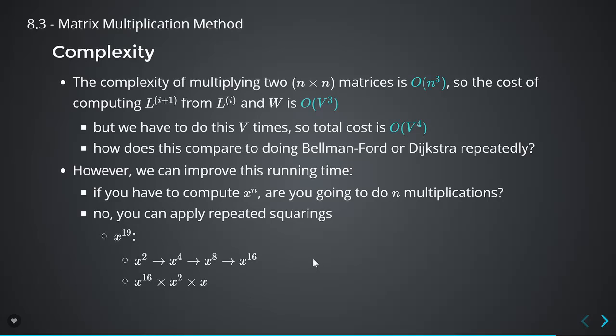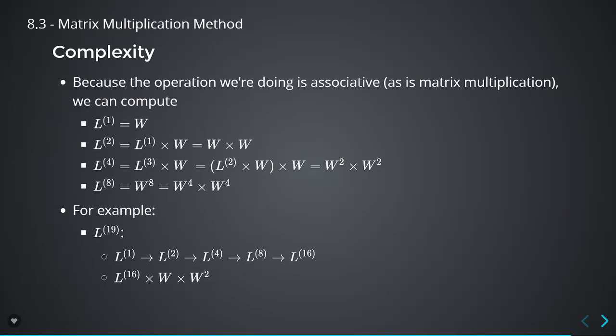And you can do the same trick with matrix multiplications. So you can also do the same trick with this method. Now I'm going to use the multiply symbol here because I guess I don't have anything better to use. But with this method, you realize that L1 is just the adjacency matrix W. Sorry, I don't think I defined this earlier, but let's say that W is the adjacency matrix.